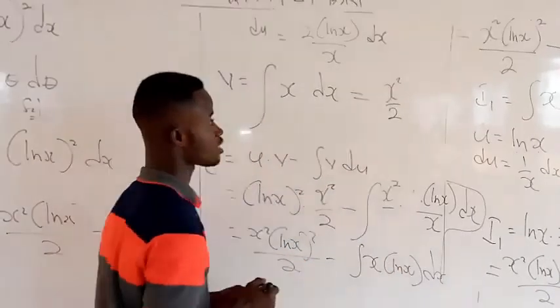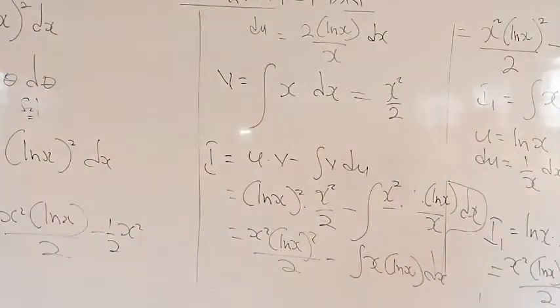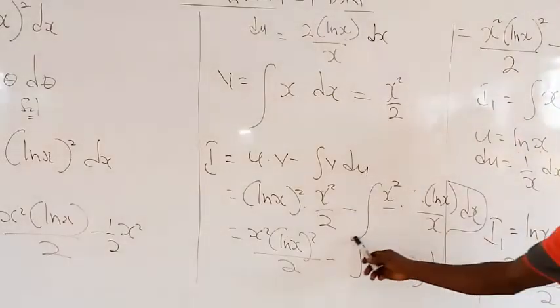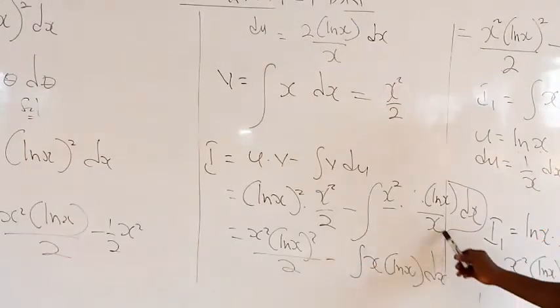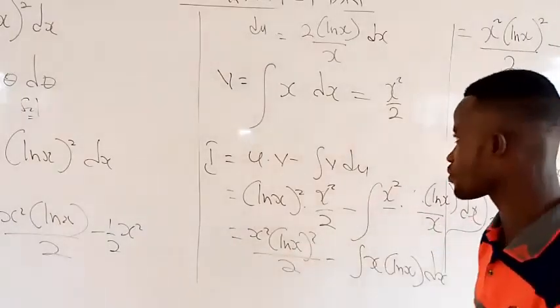So this is what we set it to be equal to I1. Alright? So now, the whole of this is I1. And you know I1 is equal to what we have here.